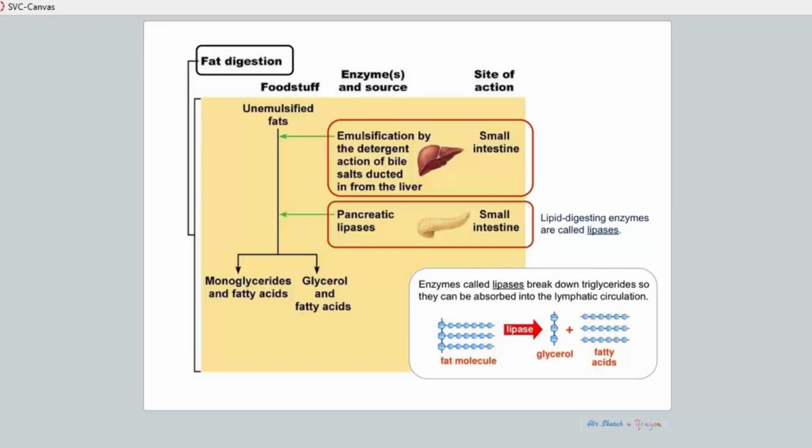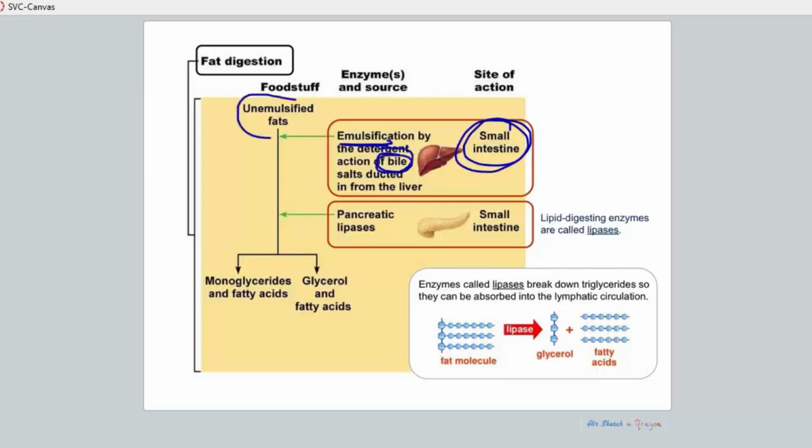Let's break it down for fat and see what happens in fat digestion. The first place fat digestion begins is the small intestine. This doesn't necessarily count as digestion, but this is where we get emulsification of fat droplets by bile.